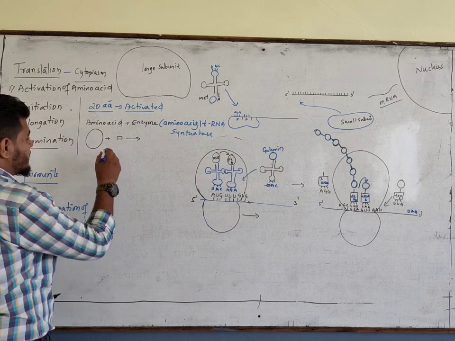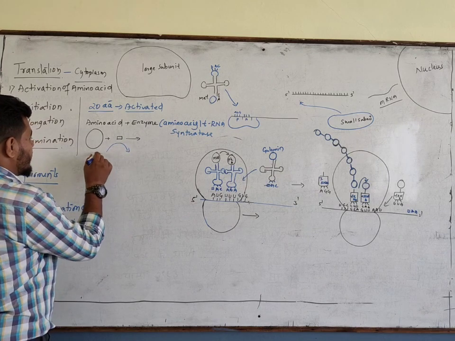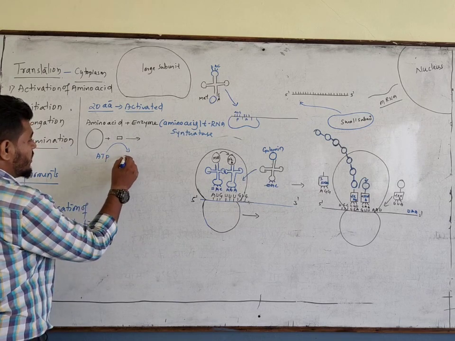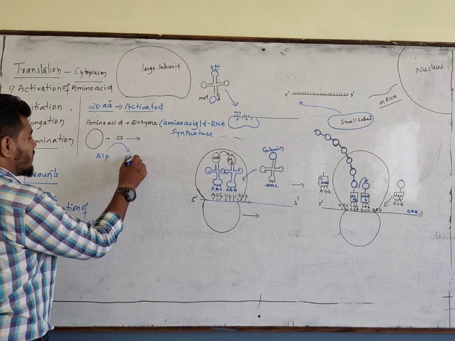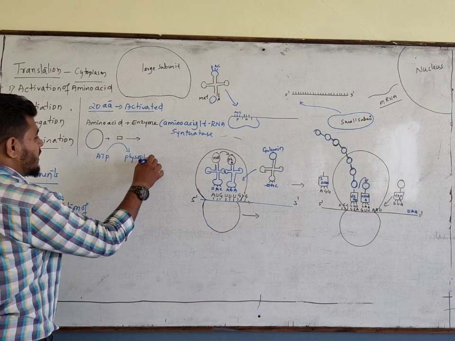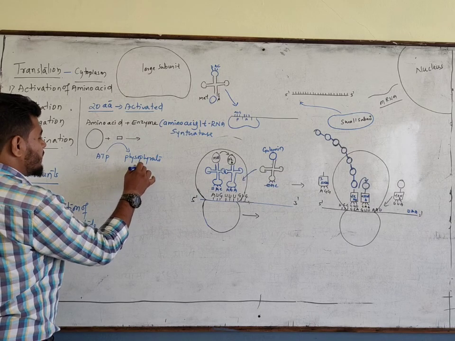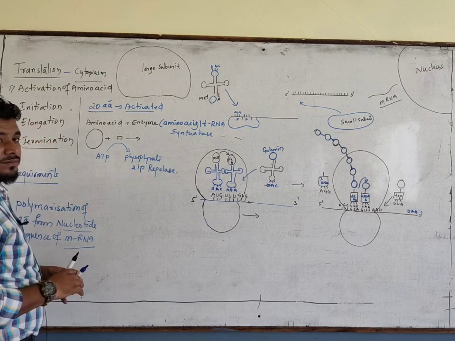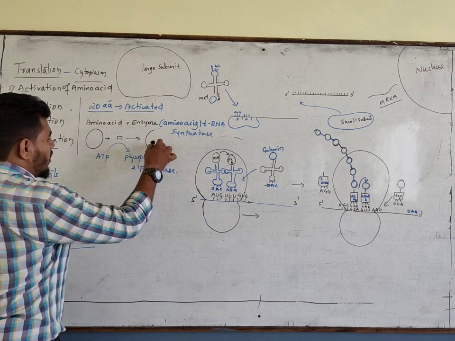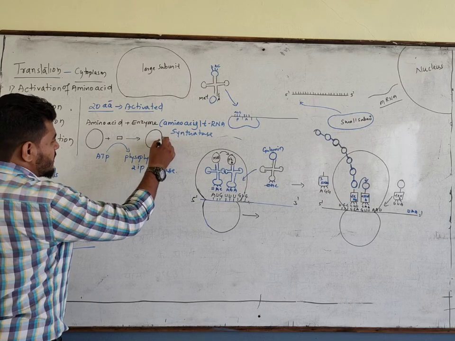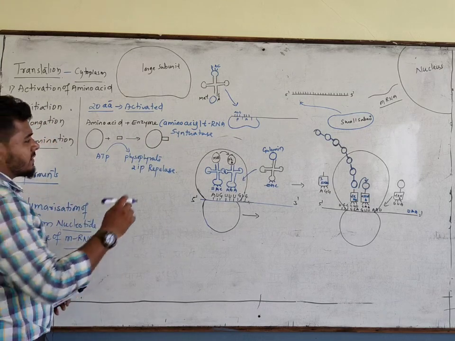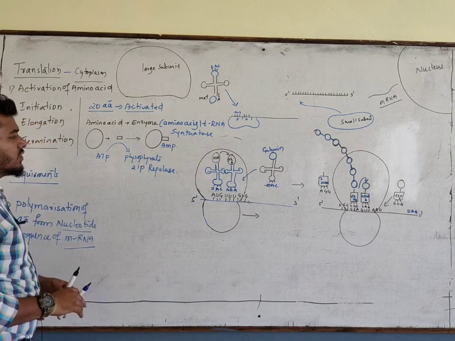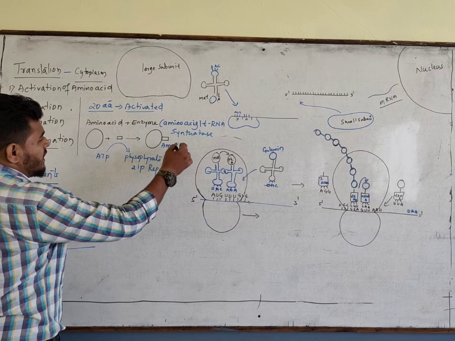During this process ATP is used to phosphorylate, meaning two inorganic phosphates are released, and there is a formation of amino acid enzyme complex, and they contain adenosine monophosphate with them.